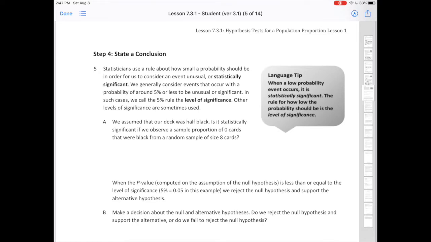We generally consider events that occur with a probability of around 5% or less to be unusual or significant. In such cases, we call the 5% rule the level of significance. Other levels of significance are sometimes used. So in this problem, if we assume the 5% rule, that means the level of significance is 5%, or sometimes we call this the significance level.